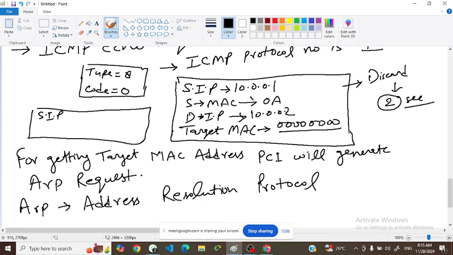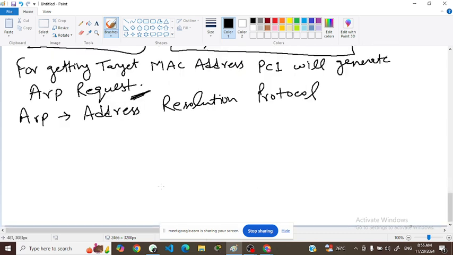But it doesn't know about the target MAC address, so first of all, PC1 needs to get the target MAC address. That is why it is generating another request. This is the ICMP echo request, and this one is for the target MAC address. To get the target MAC address, PC1 will generate an ARP request.